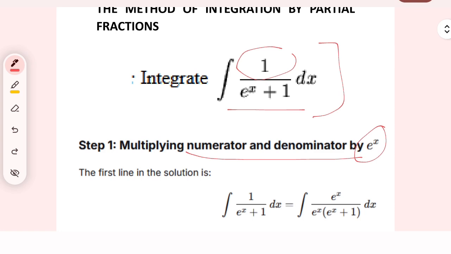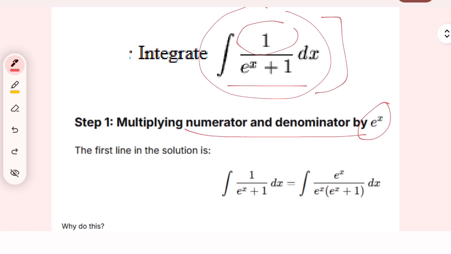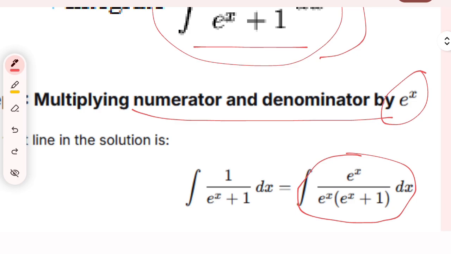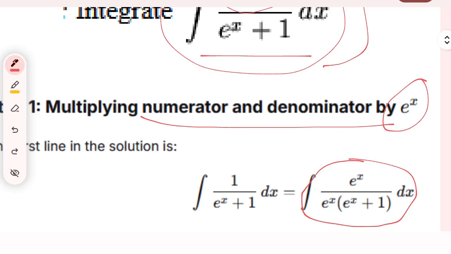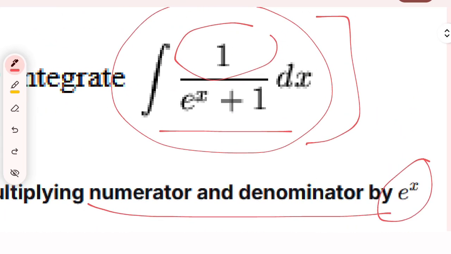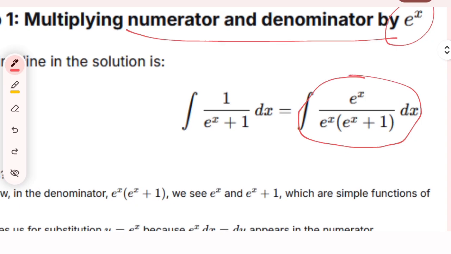When we multiply, it becomes something like this: the numerator would be e to the x, and the denominator would be e to the x times (e to the x plus 1).